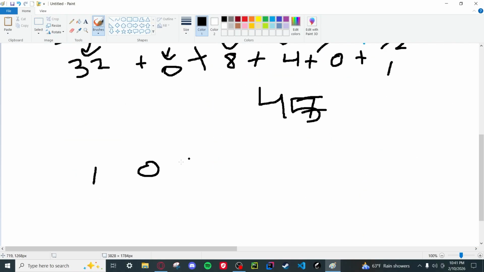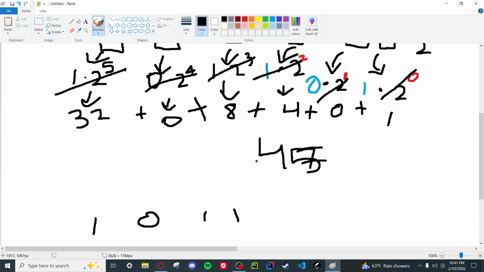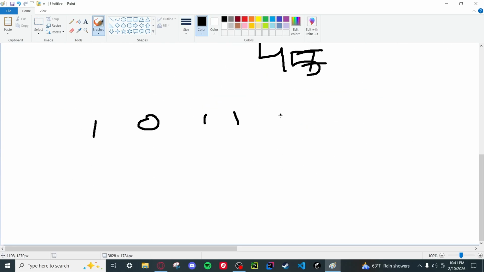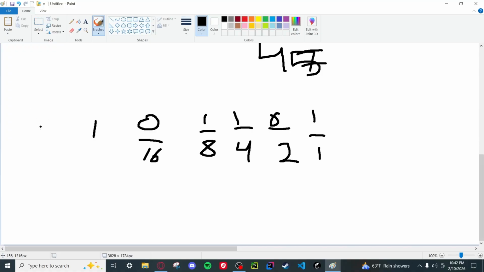still following this formula, I'll use the same number. In base 2, you know this would be 2 to the 0 is 1, 2 to the first is 2, 2 to the second is 4, 2 to the third is 8, 2 to the fourth is 16, 2 to the fifth is 32.